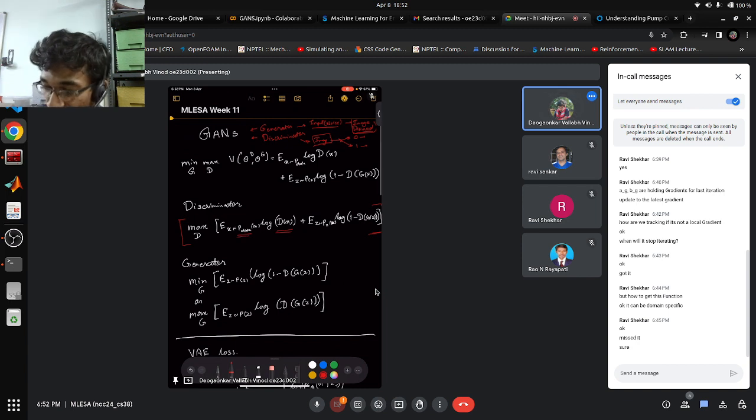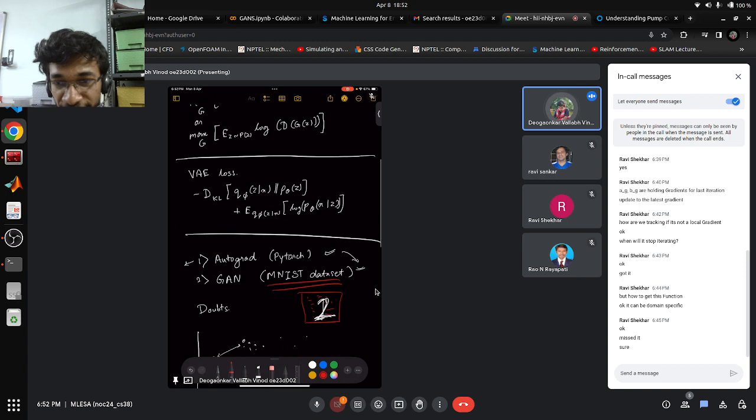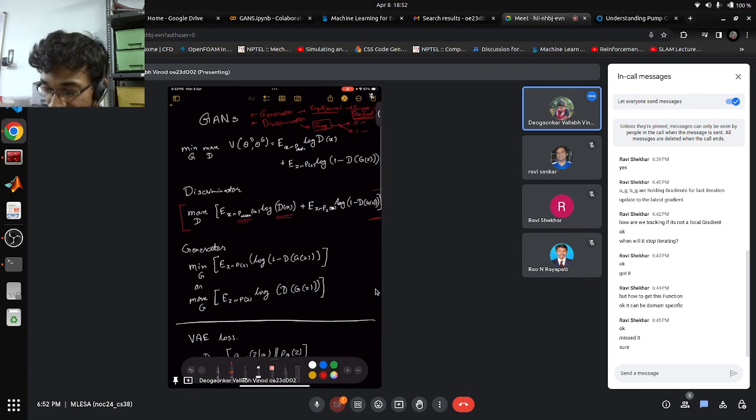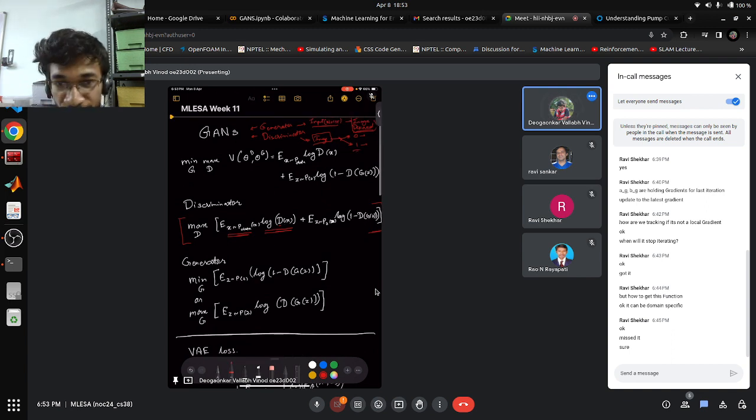If you sample some x from your real data distribution and feed it to D, the discriminator, it should classify it as 1, not 0. The closer to 1, the closer the log value is to 0, and the closer to 0, the log value goes to minus infinity.